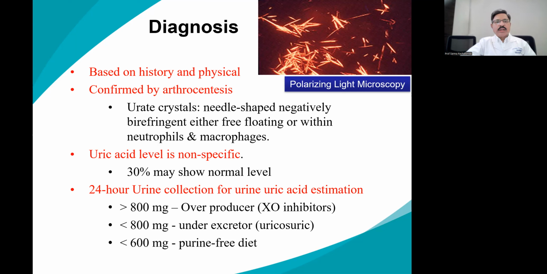More than 800 milligrams means overproducer. So treatment will be xanthine oxidase inhibitor. Less than 800, underexcretor. That means the kidney is not excreting urate. Give a uricosuric drug. Less than 600, no drug treatment, purine-free diet.